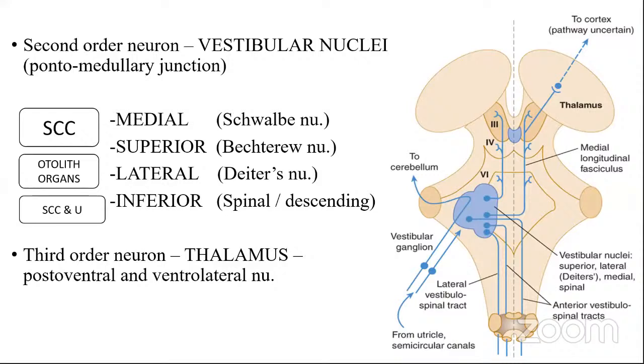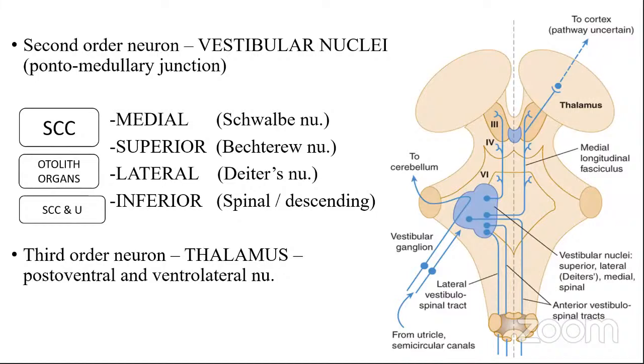The semicircular canal and utricle are controlled by the inferior vestibular nucleus. These are also called spinal or descending vestibular pathway.